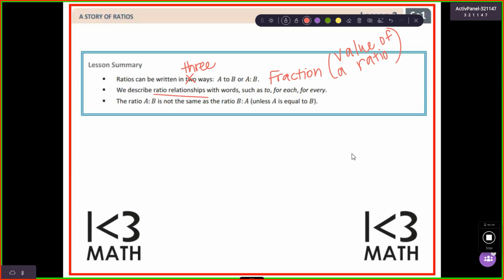We describe ratio relationships with words such as 2 for each, for every, and there was one more, times as many. Anytime you see for each, for every, times as many, if it only shows you one number, like 12, you remember when we made our own earlier? 12, what was the other number? 1.